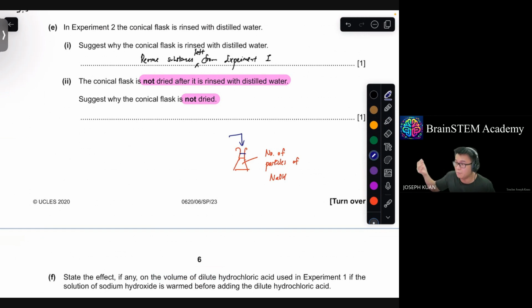The concentration is dropping, yes, but the amount is not changing. So technically, it won't affect the volume of acid required in this reaction. So it does not change the amount, or let's be specific, the moles of sodium hydroxide.